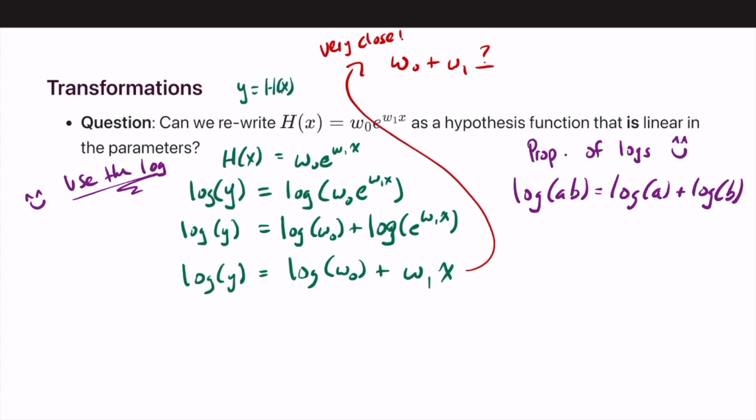So one thing that we can do, we'll do this in blue. We don't have to do this, but we can say that this is going to equal z, and this will equal beta sub 0, and this will equal beta sub 1 x.